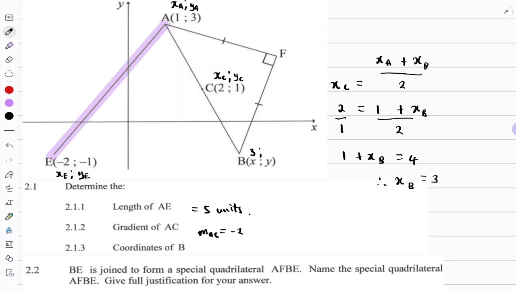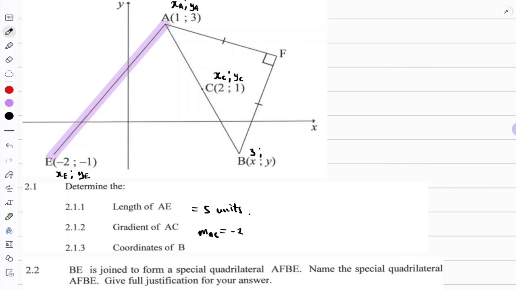And the same can be done for the y coordinate. So the y coordinate here, YC is the average of these two coordinates. So we can write that down as YC is the average of YA plus YB all over 2. This is equal to YA, which is 3, plus YB all over 2.